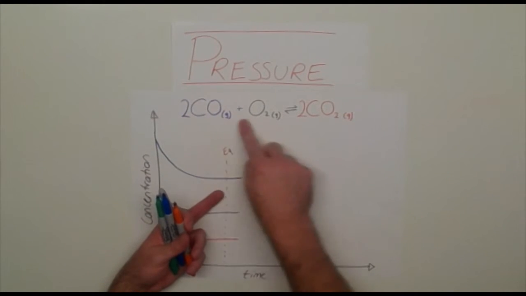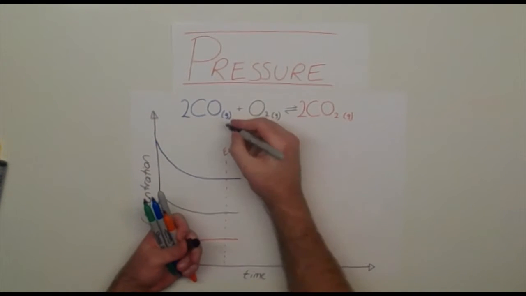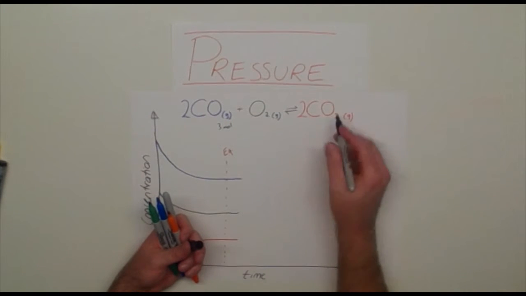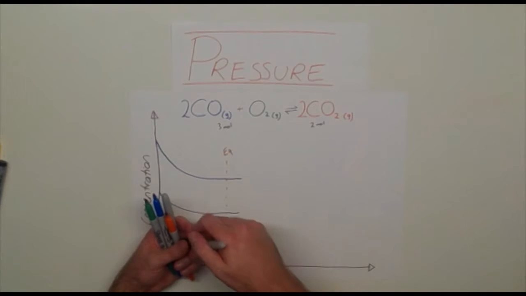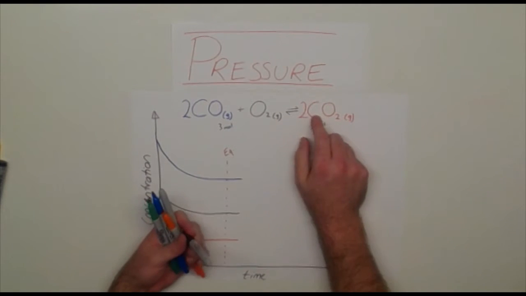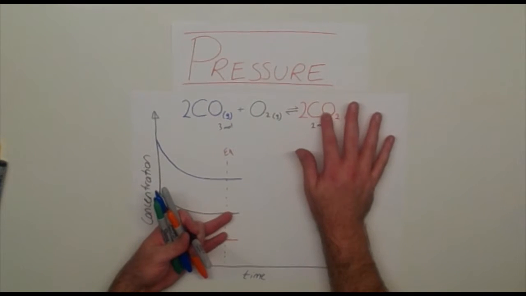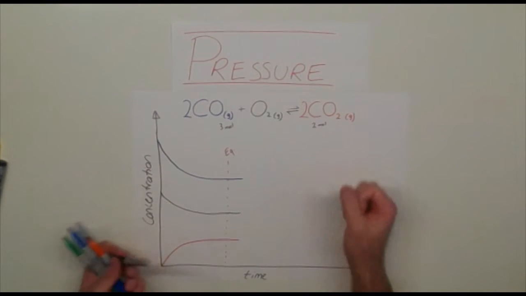So overall on this side we have 3 moles. Over on this side we've got 2 CO2, so we've got 2 moles. So it's uneven. If we increase the pressure, our equilibrium is going to shift to the right to produce more carbon dioxide, because that's going to reduce the number of moles we've got in there, and that will decrease the pressure back down.